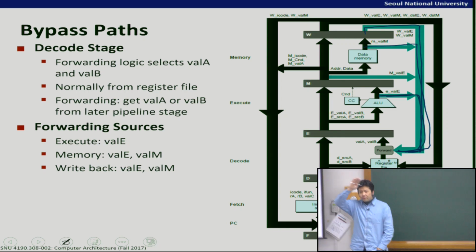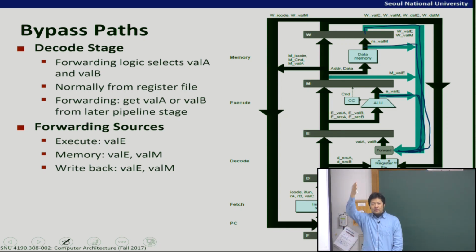So now we have a feedback path from a later stage to an earlier stage, so that if any of these later instructions holds a value needed by the D stage instruction, you can directly forward the value from the later stage to D stage. That's the point of forwarding.